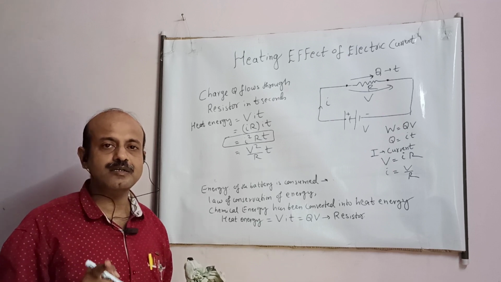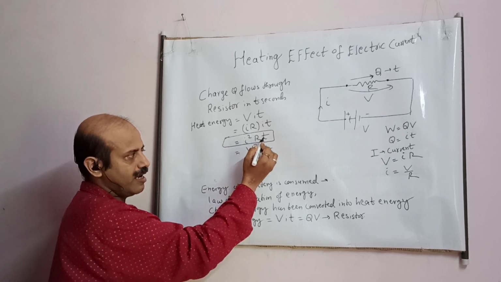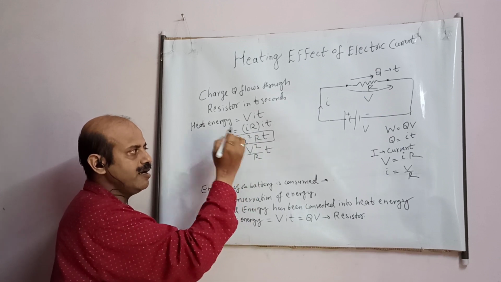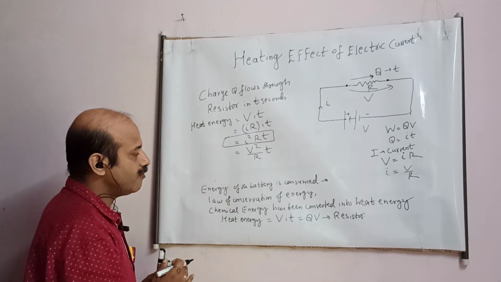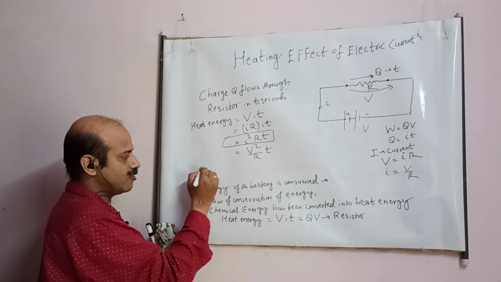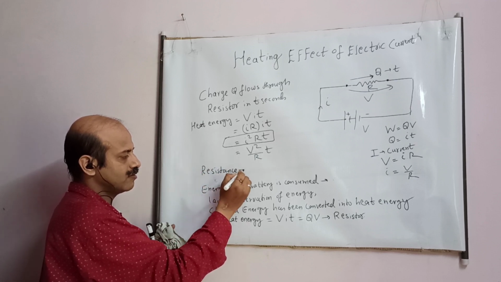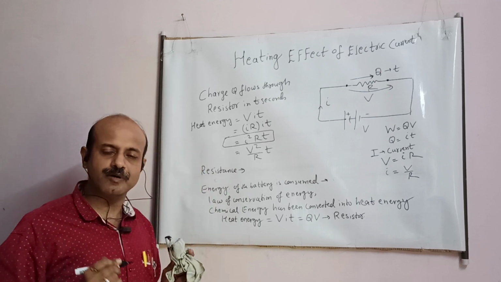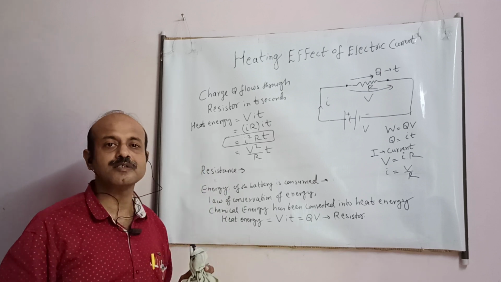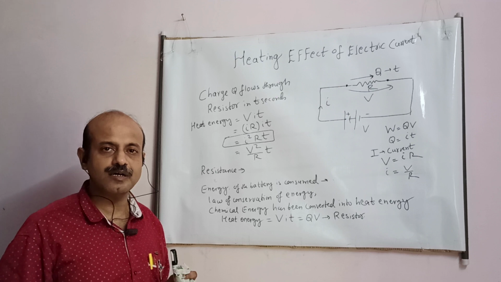And that heat energy depends on which factors? Time, resistance and current. Now what I want to say is, student, this term, remember student, resistance. It is the name of a property of obstruction. Why does it obstruct? The basic cause.